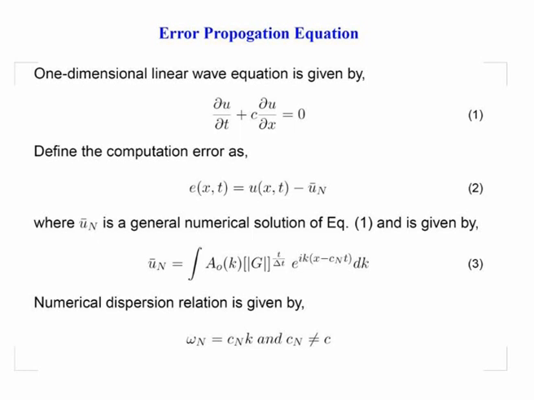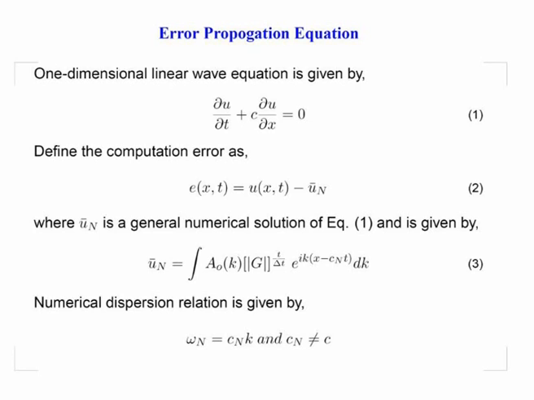So, we basically start off with the same model equation that we have been looking at. This has certain features which we are all now familiar with. So, if this is our basic equation, point of reference to study error propagation, then let us first define what constitutes error. Error would be defined as the exact solution minus the numerical solution.